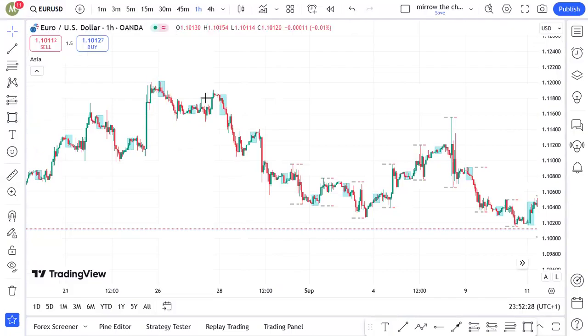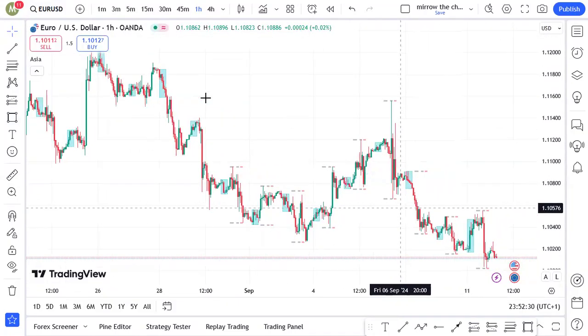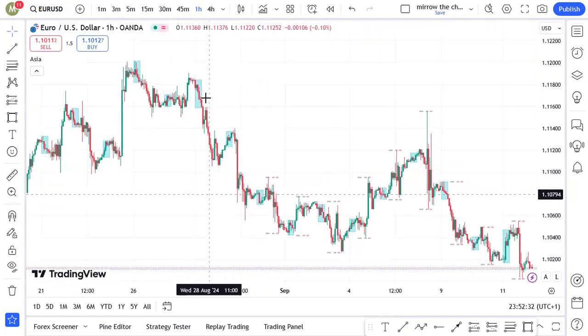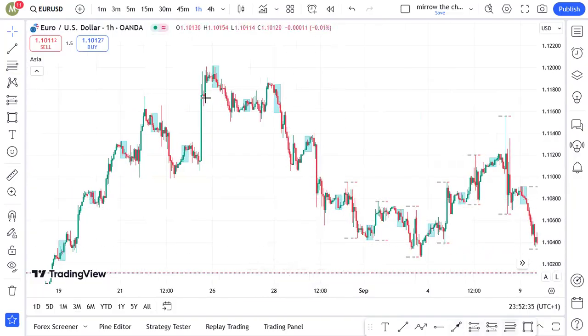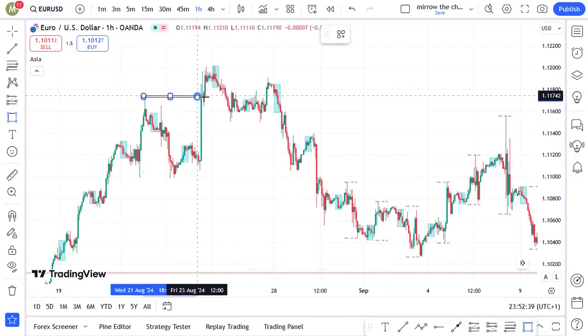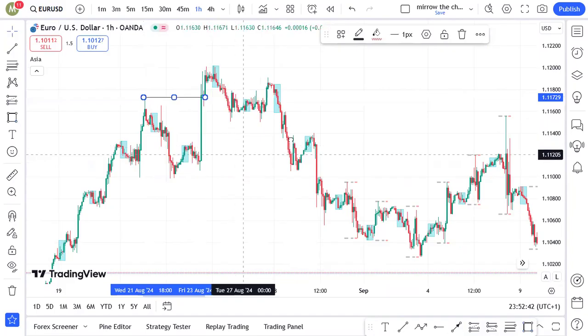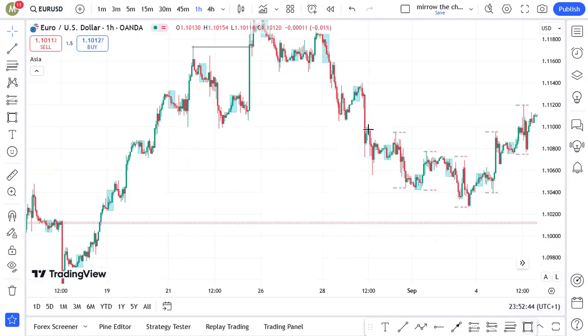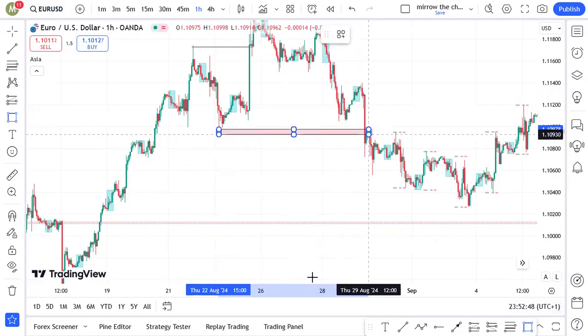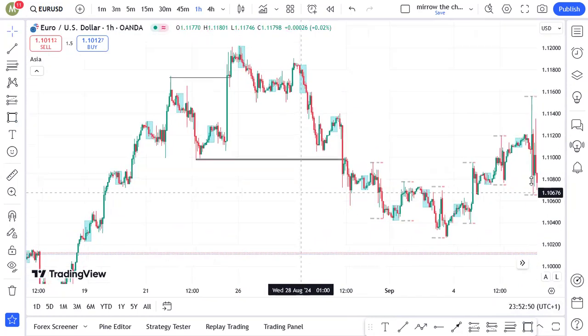Do I need to explain more about range structure? That range that price gave you, after it must have broken structure, either to the upside or to the downside. See the break of structure to the downside. See where this price started.